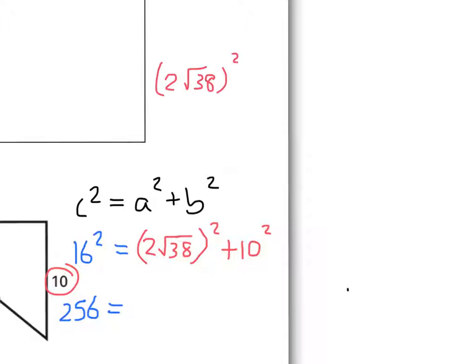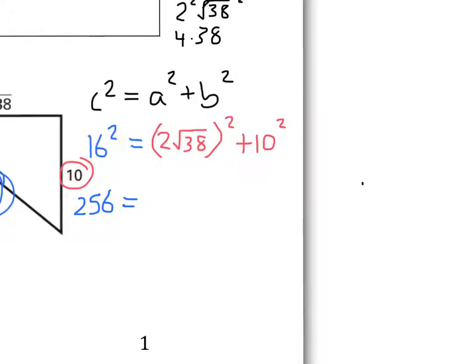Essentially what you're doing, it feels like the distributive property, but there's no plus. The square gets sent to there and to there, so each factor gets the square. So now I have a 2 squared and a radical 38 squared. So what happens here? I get a 4 here, and the square kills the radical times 38. So 4 times 38 is what I'm going to write down there.